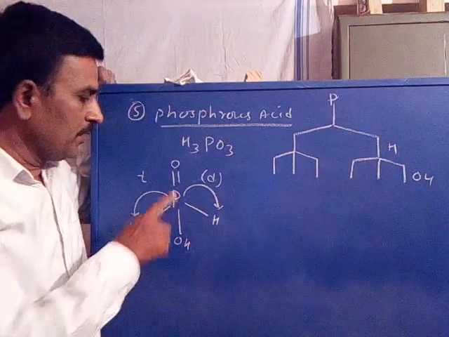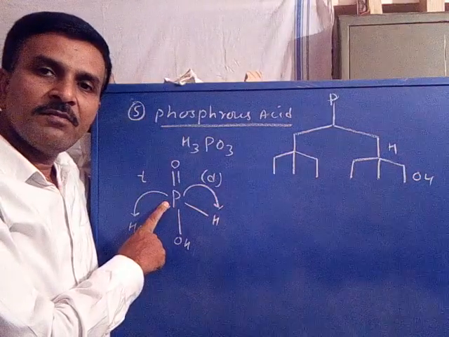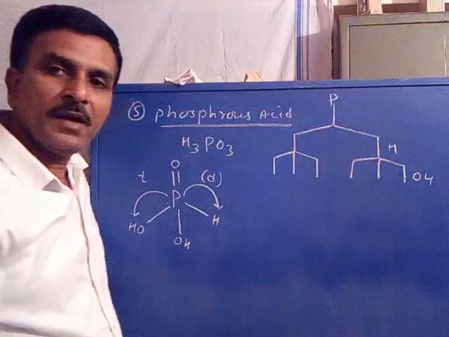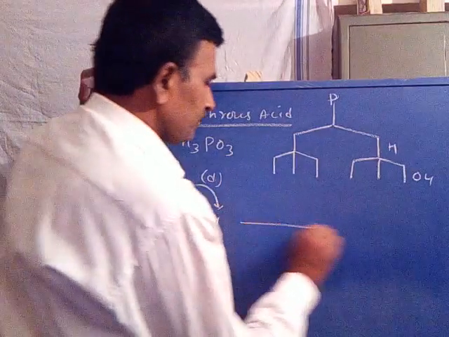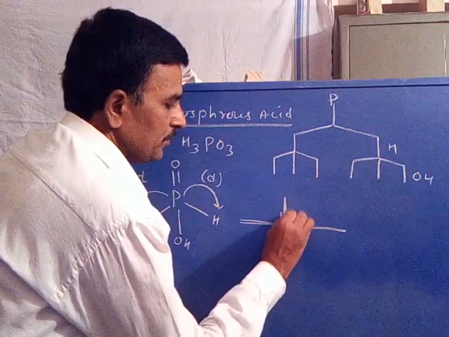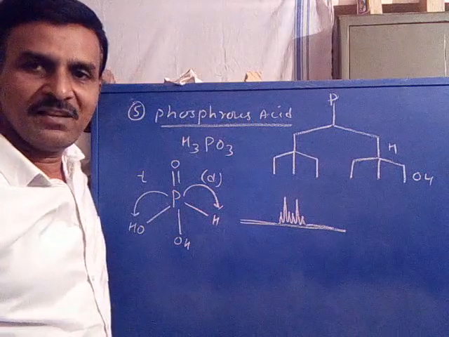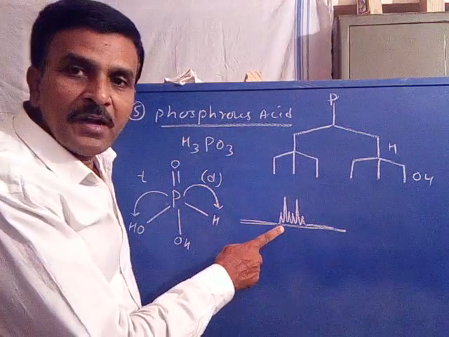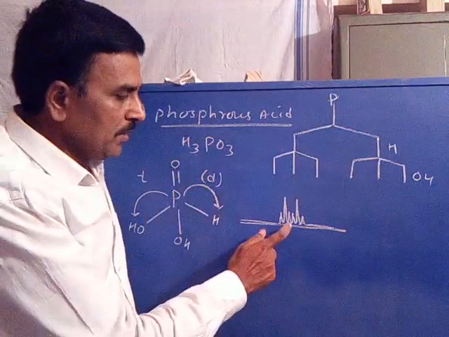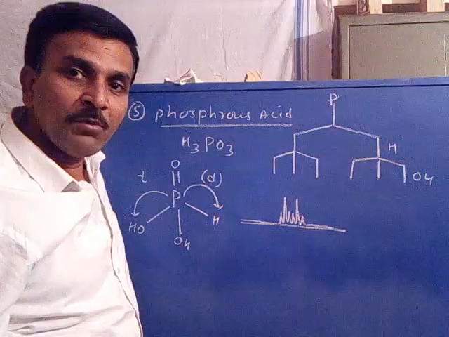So in brief, one signal appears for the phosphorus with a multiplicity of double triplet. This is one triplet, another triplet: a double triplet. Its signal appears as 1, 2, 3, 1, 2 and 3. There are six lines, and only one signal because there is only one phosphorus. Why double triplets?